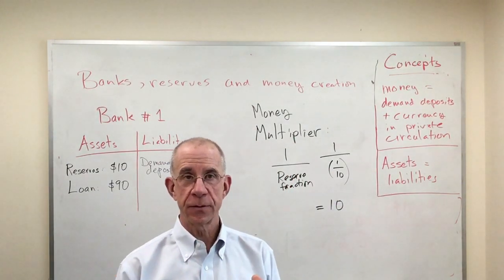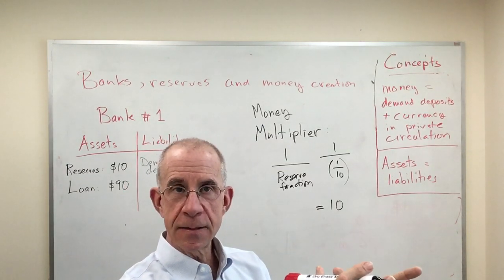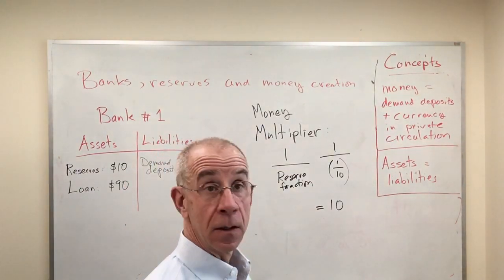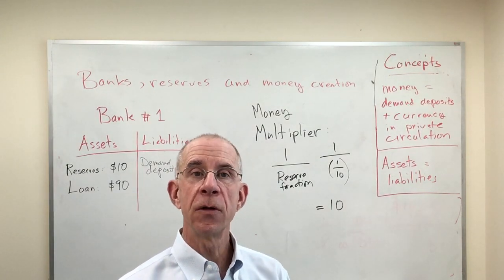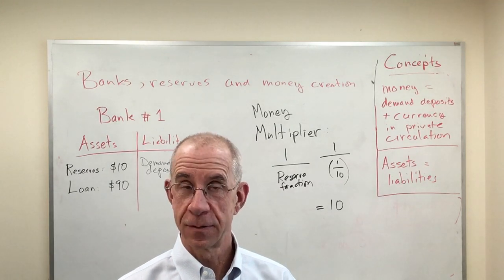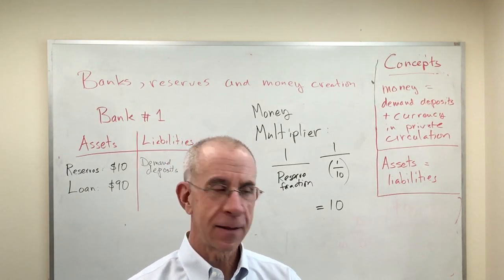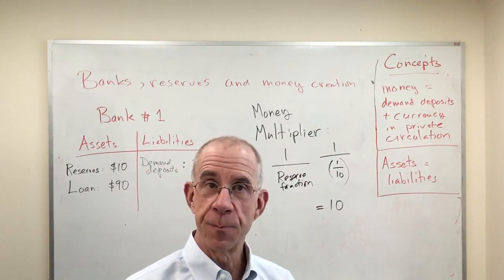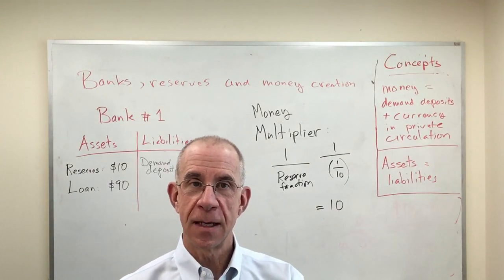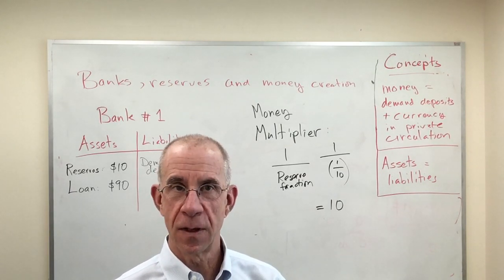You take $100 and put that into the banking system, and banks will turn that $100 into 1,000 in circulation. Again, not so much that you're creating new dollar bills, but instead increasing the demand deposits through the creation of loans.